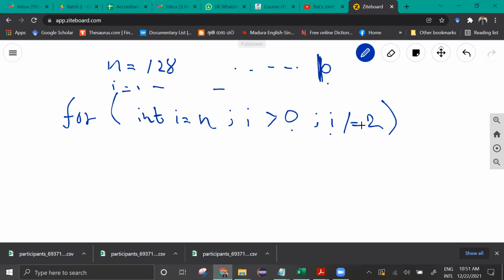I is divided by 2. Then the first iteration, I is 128. The next iteration, I would be 64.